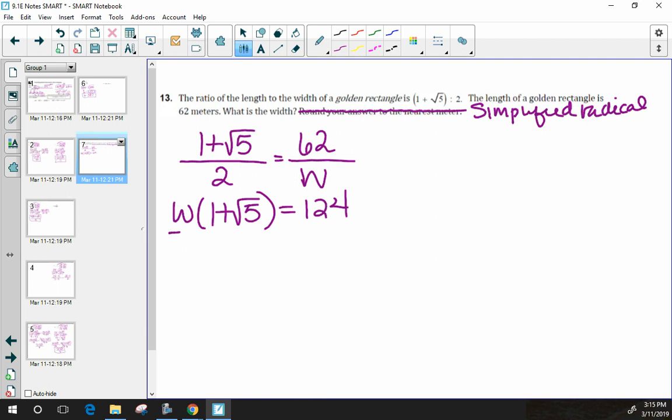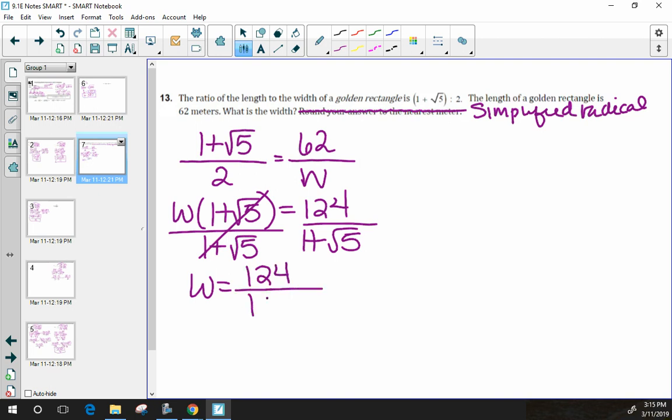And then what would I do here to get W by itself? Divide, right? If they're multiplying that by W, to get rid of it, we divide. So now I'm dividing by 1 plus the square root of 5. That gets rid of all of that. So W is going to equal 124 over 1 plus square root of 5. But that's not simplified, right? This is our answer, but we need to make sure we leave it simplified, so we use the conjugate to do that.